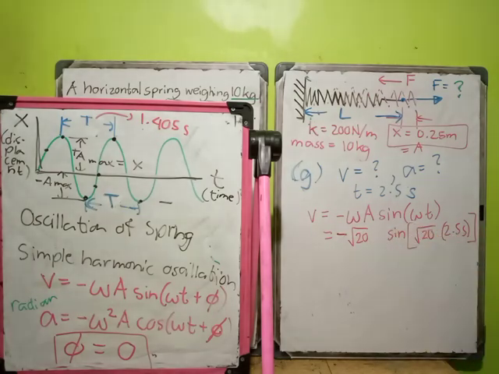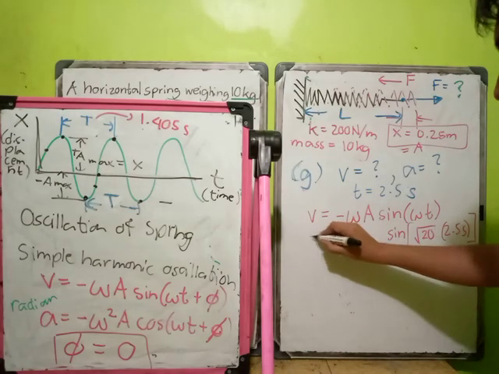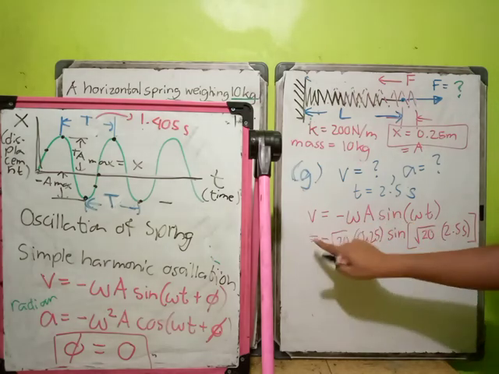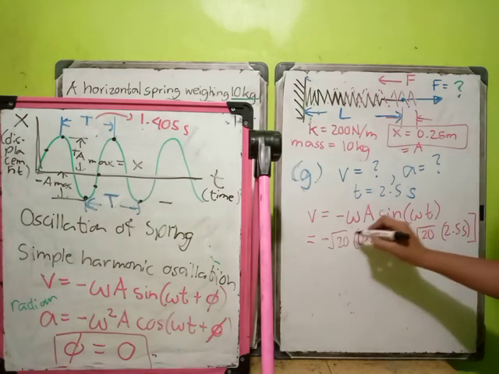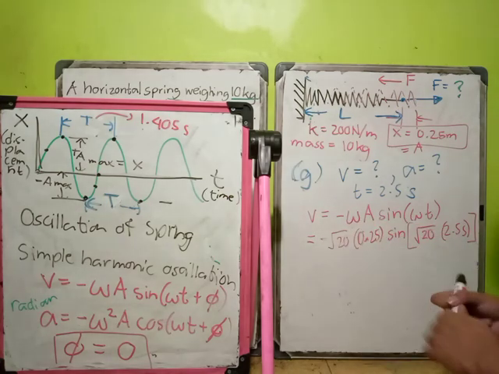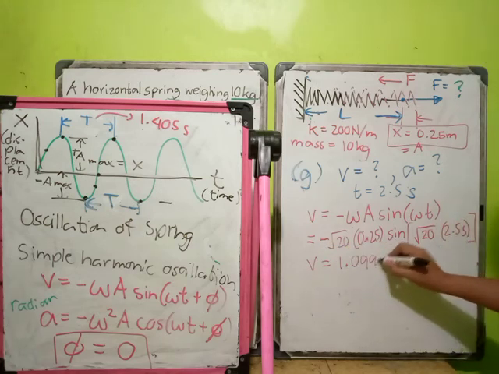Okay, the amplitude is 0.25. So here, I computed that the velocity here is positive 1.099 meter per second.